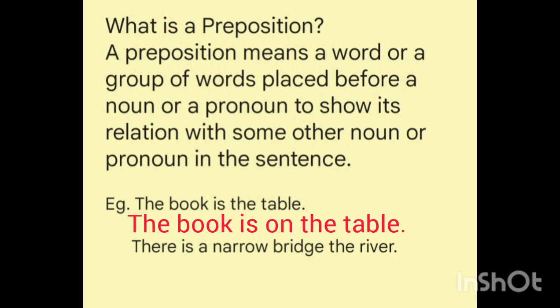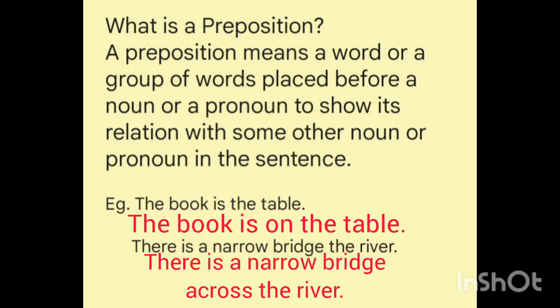The next example is there is a narrow bridge, the river. Is it meaningful? No, it is not meaningful. We need to add something to make it a meaningful sentence. So let us put a word, a preposition between bridge and the river, between these two nouns.